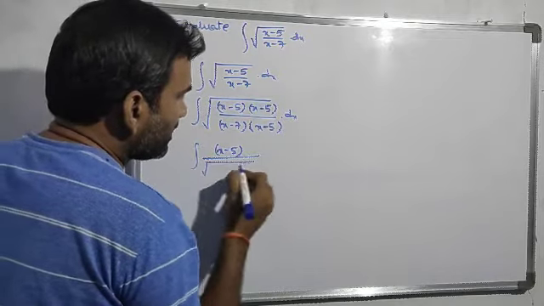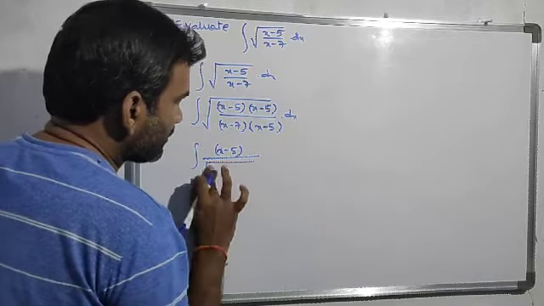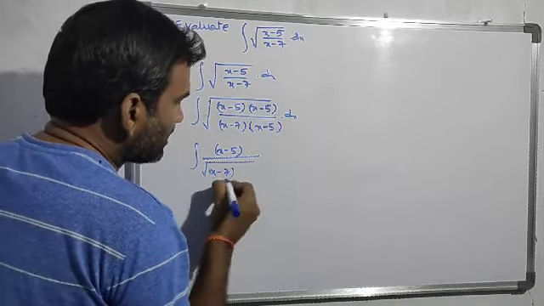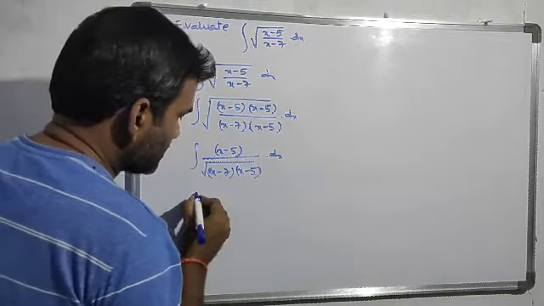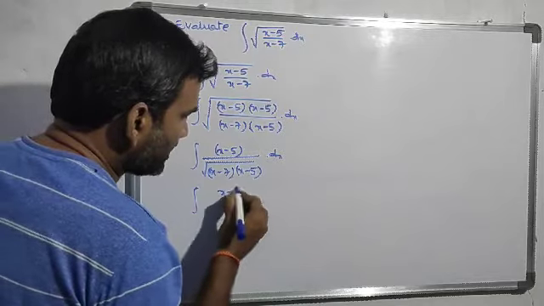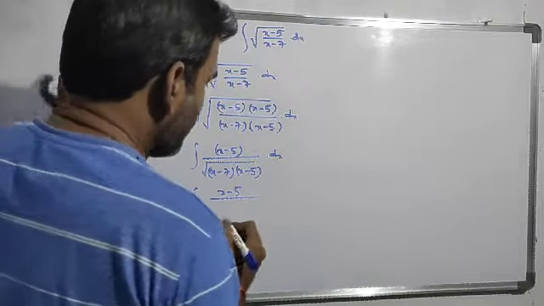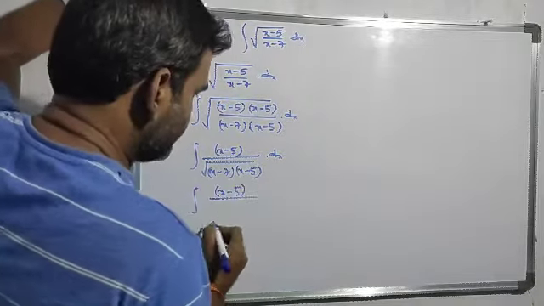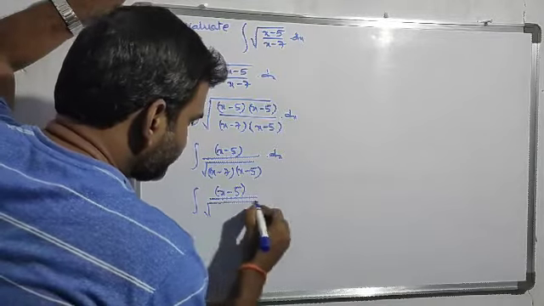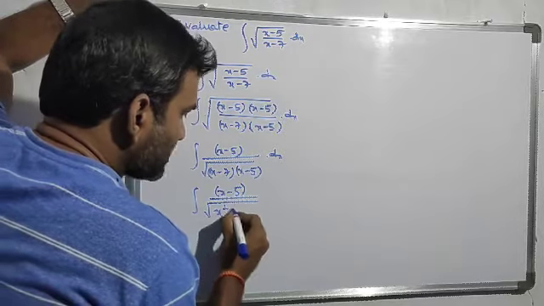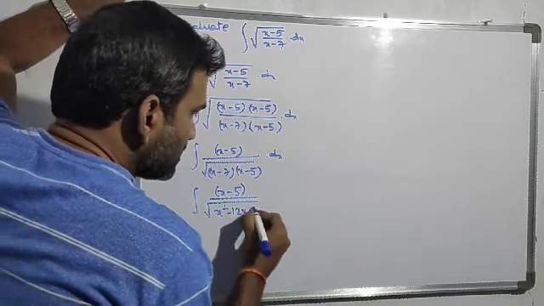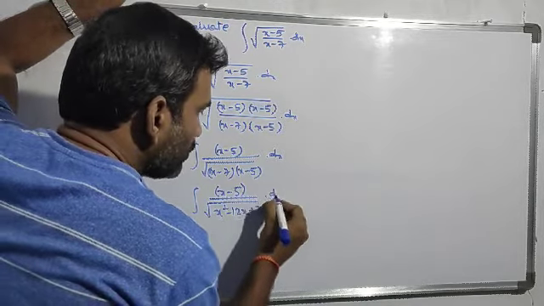In the denominator I get x minus 7 into x minus 5 into dx. So our problem becomes x minus 5 by square root of x square minus 5x minus 7x plus 35, that is x square minus 12x plus 35, into dx.